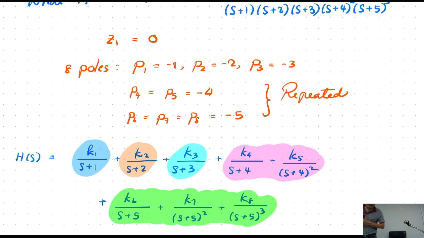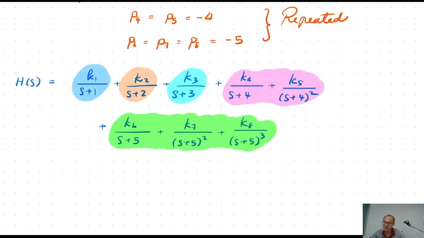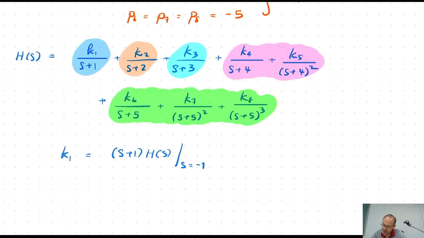So to find K1, K2, and K3, it's quite easy, right? K1 is (s plus 1) times H(s), and then plug in s equal to minus 1, and so on, as well as K2 and K3. Similar approach. Now for K5 and K8, it's easy as well.